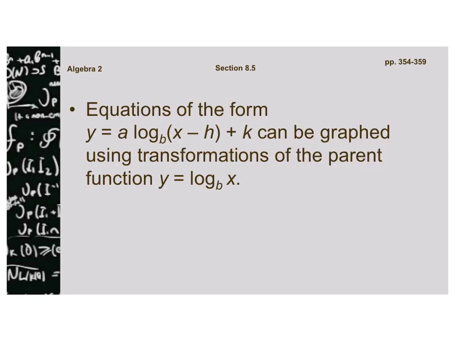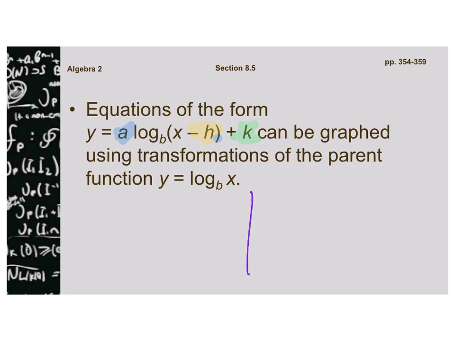All right, equations of the form. Now this is the same equation, except notice we now have h and k as well as a. So we have a, h, and k again. Remember, a changes the shape. It stretches it or compresses it. H is your horizontal shift.